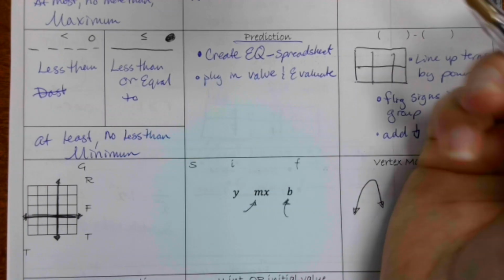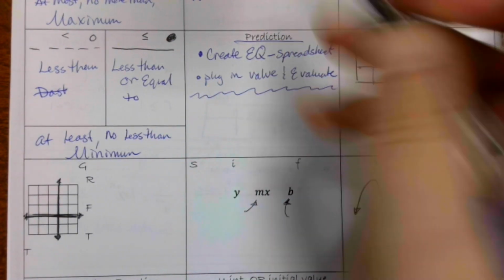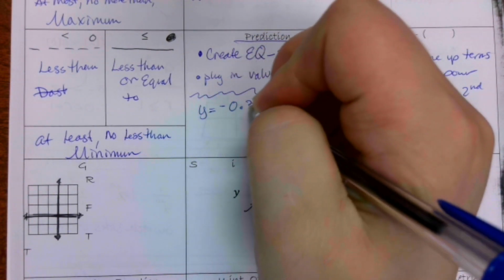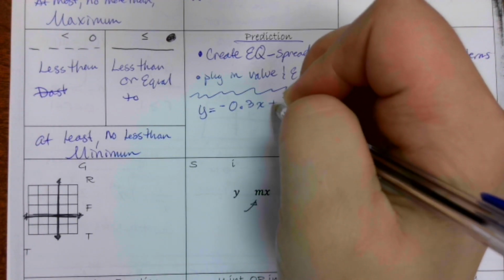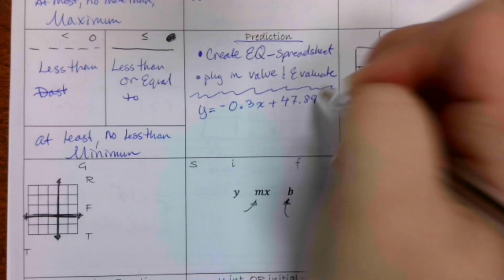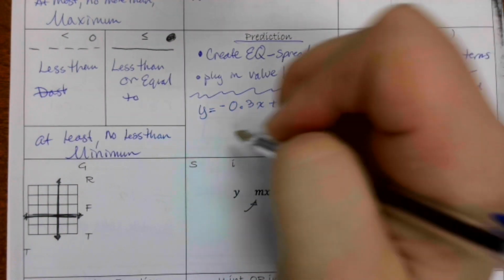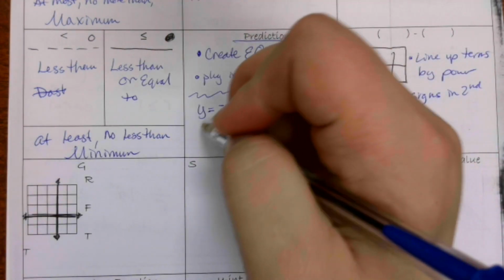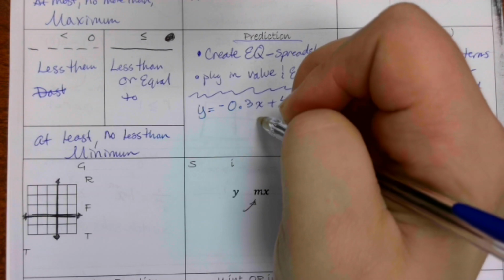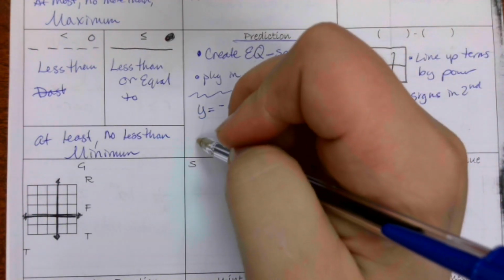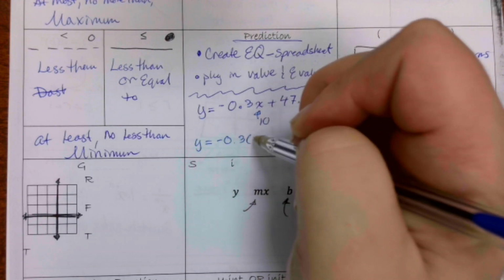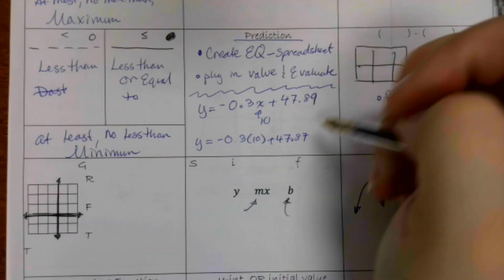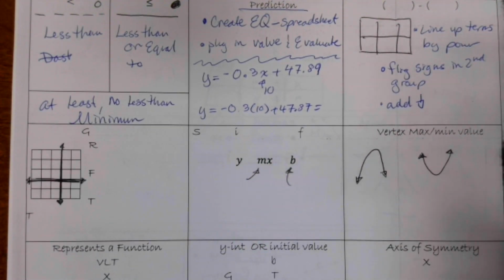So for example, if I got my equation to be y equals negative 0.3x plus 47.89 or something, and they want to know the value of y when x is 10, you would literally just plug in 10 for x and get out your y. You're going to get a number out. We don't really care about what that number is right now.